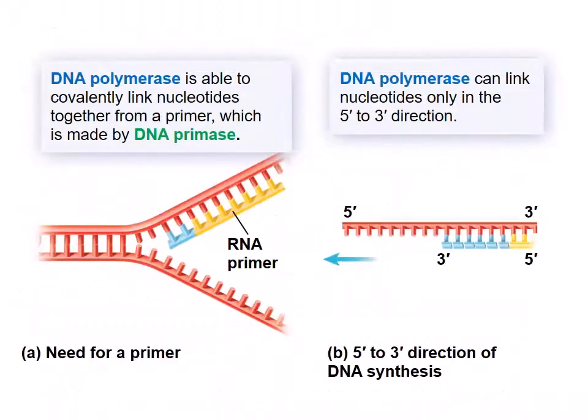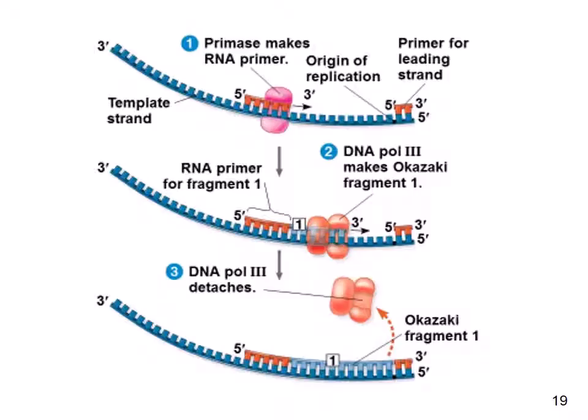So this image is just showing that DNA polymerase needs to have an RNA primer, and DNA primase provides that primer. Once that primer is there, DNA polymerase can link nucleotides in that 5' to 3' direction. So here's another picture from our textbook. Primase makes the original RNA primer going from 5' to 3'.